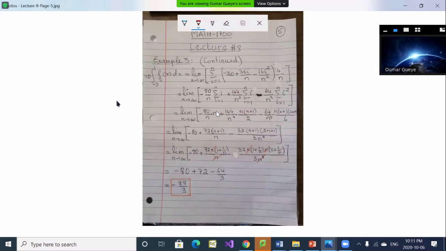So you can see from here, I just simplify by n, and I'll get just minus 80. From the second term, I simplify here first by 2, and I'll get 72. I simplify this n and 1 n from here.